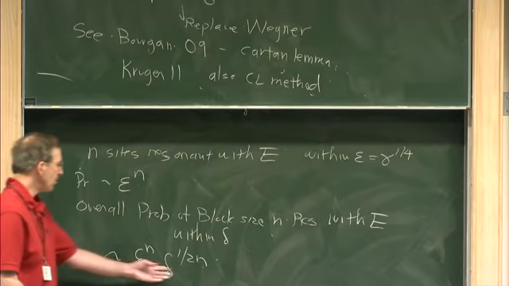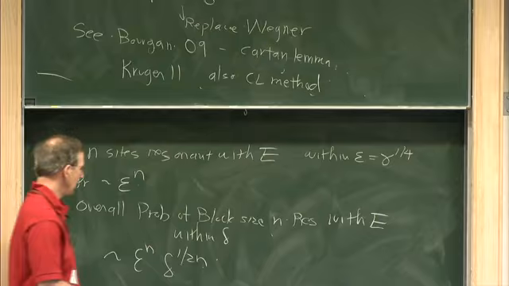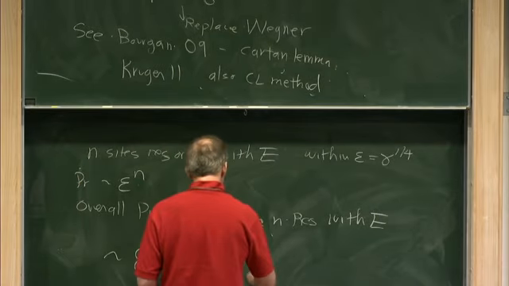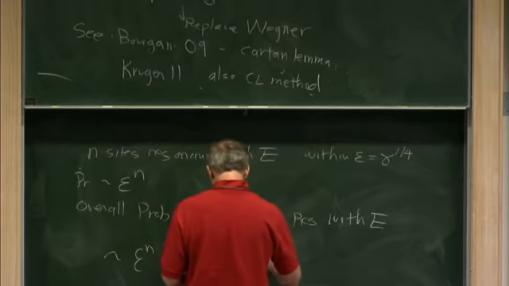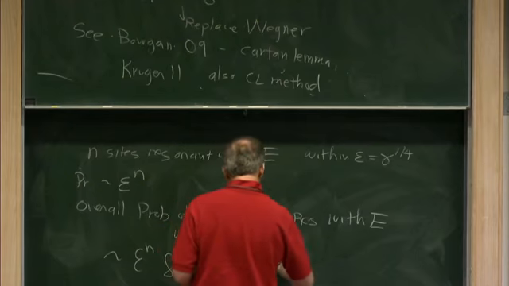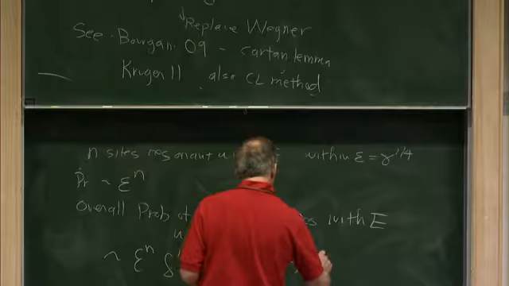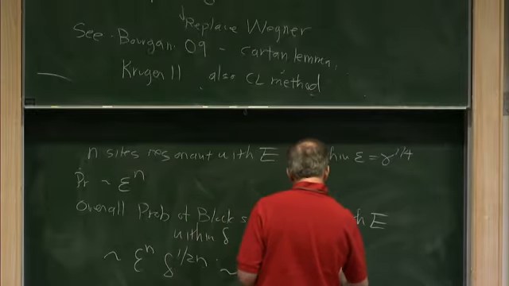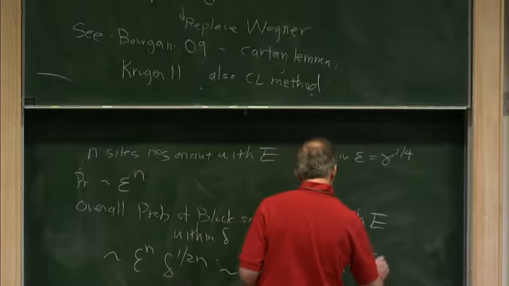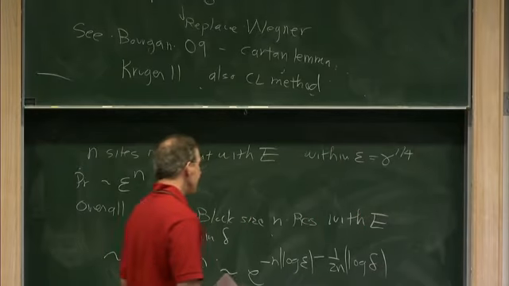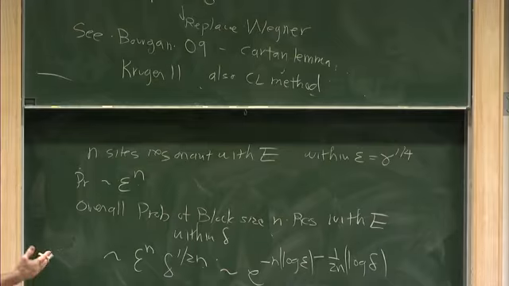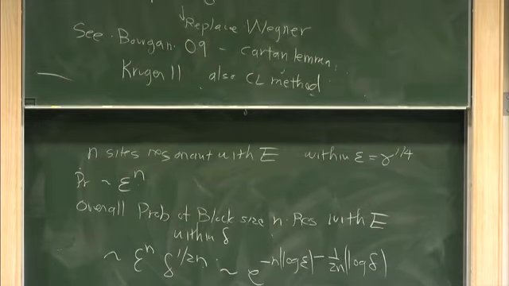Or you could take the smaller of either of those two. It doesn't much matter. And so you can write this as an exponential. So it's e to the minus n log epsilon minus 1 over 2n log delta. And then you can say, well, what's the worst case as a function of n?